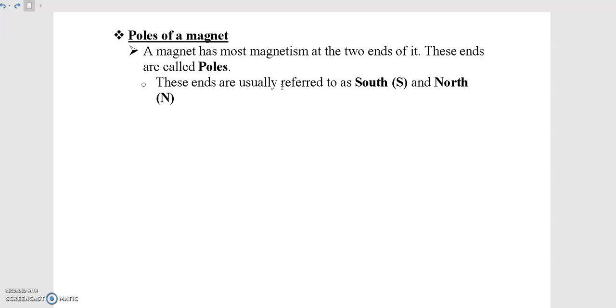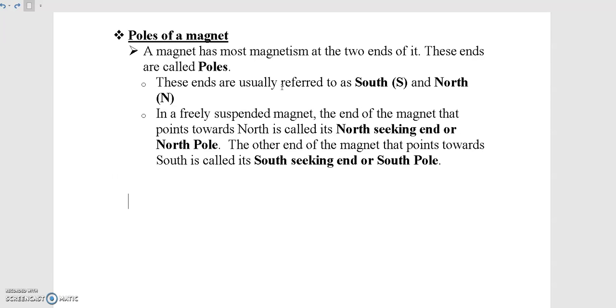If you freely suspend any magnet, the end of this magnet that points towards the north is called north pole or north seeking pole. And the other end of the magnet that points towards the south direction is called south seeking end or south pole.